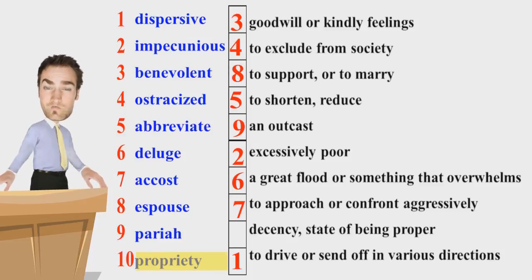So we still get the word proper from the word. If something's proper, it evokes propriety. It's also still associated with the word property, which was the original sense in Latin. And it should be paired down with the very beginning of the list, decency, a state of being proper.